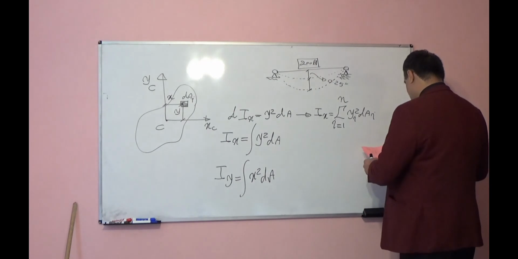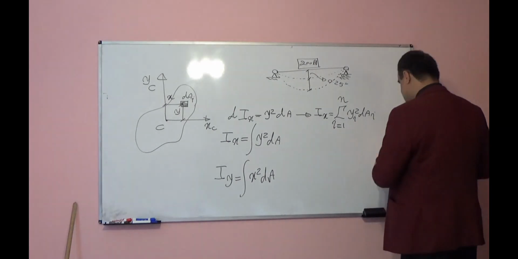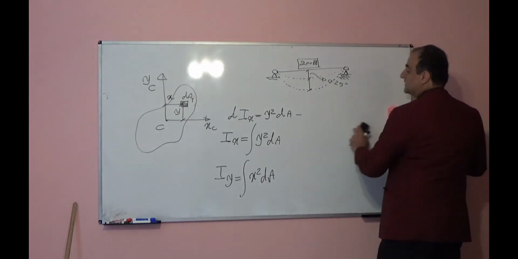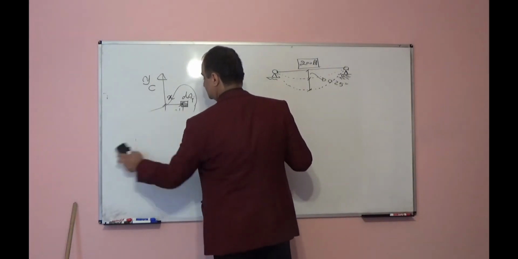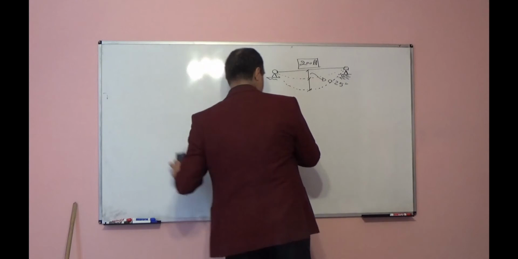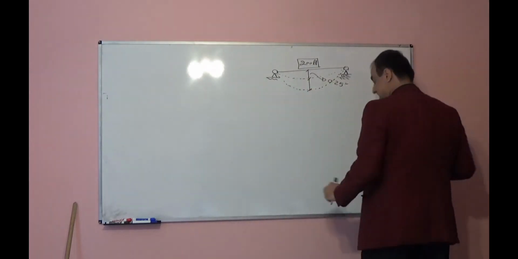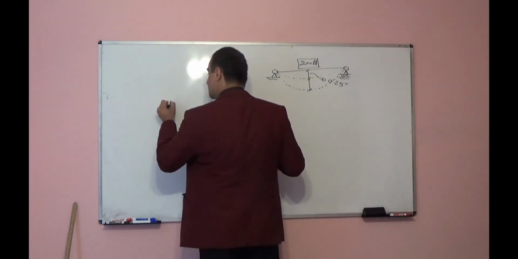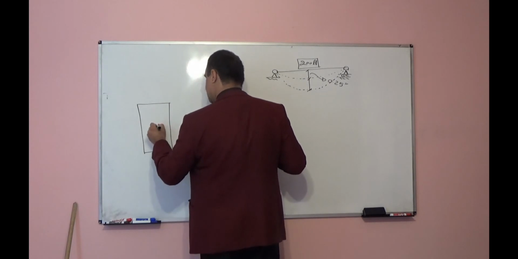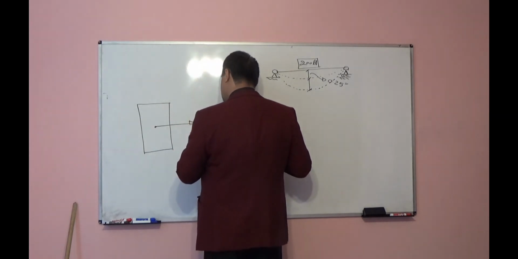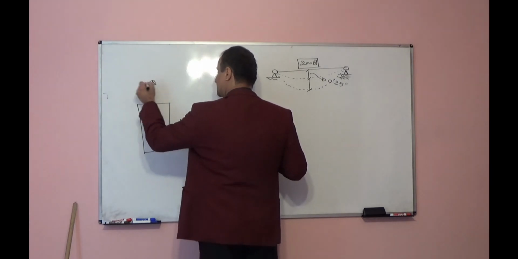Let's calculate moment of inertia for a very simple shape, a rectangular shape. For example, I have one rectangle and the axis passes through the centroid.